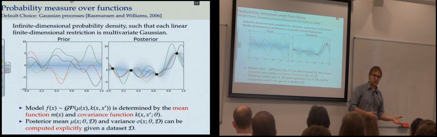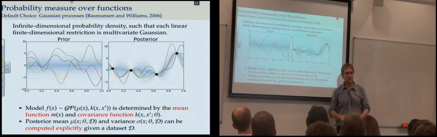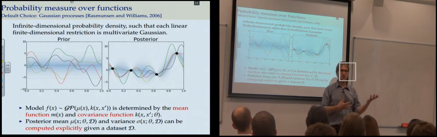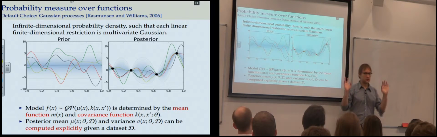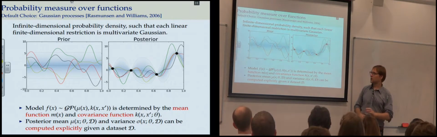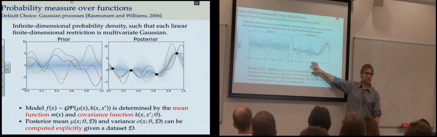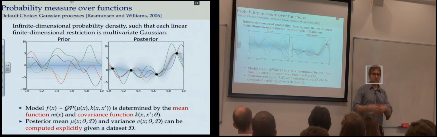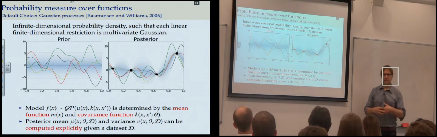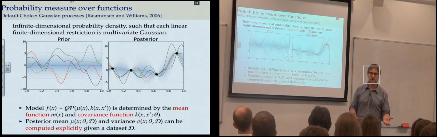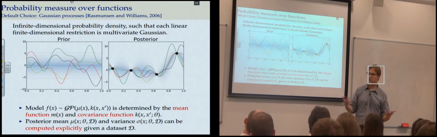Some people like using other types of models, such as random forests or other models for solving this problem. But in all the experiments that we have done, the Gaussian process is the best that you can use in this case, especially in regimes in which you don't have a lot of data, which is typically the case when you do Bayesian optimization, especially during the first iterations of the process.